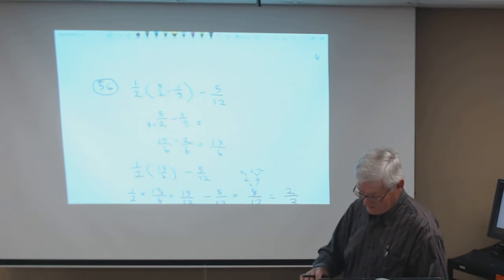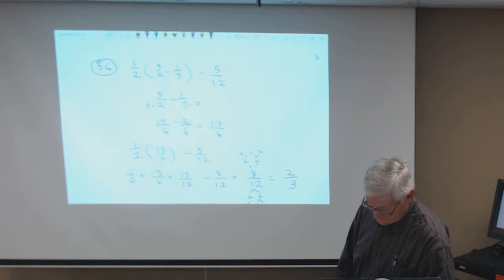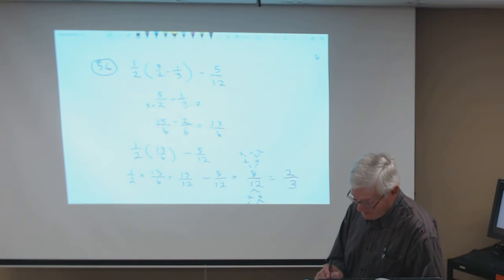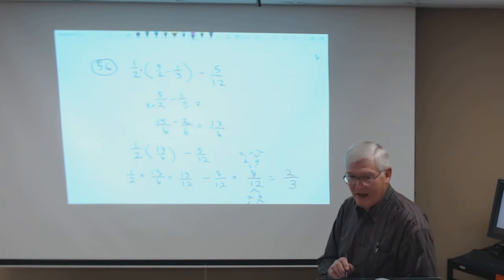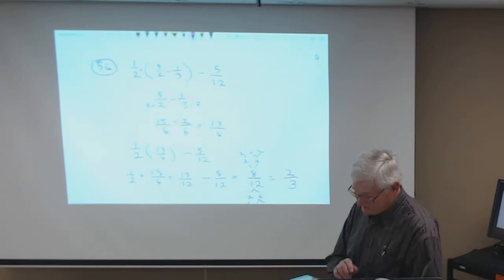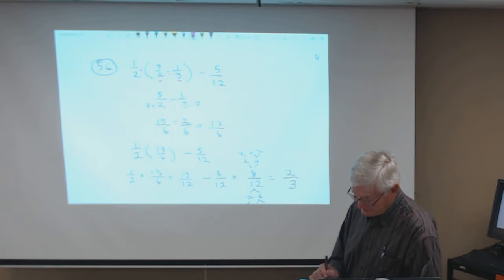We're on a roll. 56. 1/2. And remember, when it's written in front like that, it means times. So you can just put a little dot there for times. 1/2 times, parentheses, 5/2 minus 1/3. So I'm subtracting these fractions, so I need a common denominator. 2 times 3 is 6.